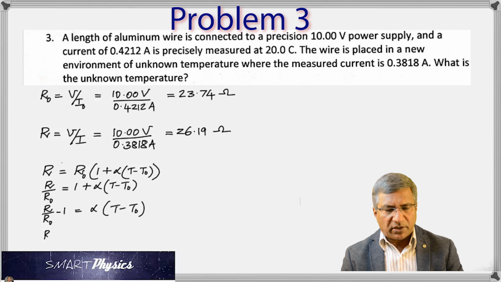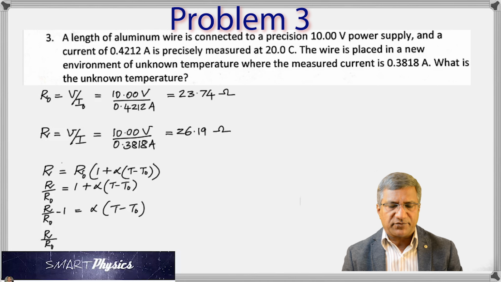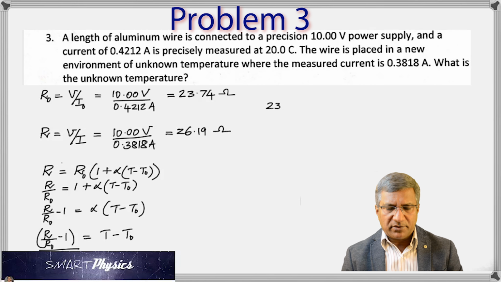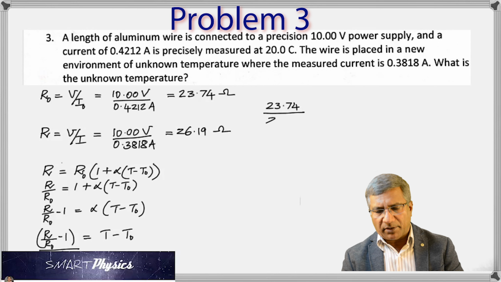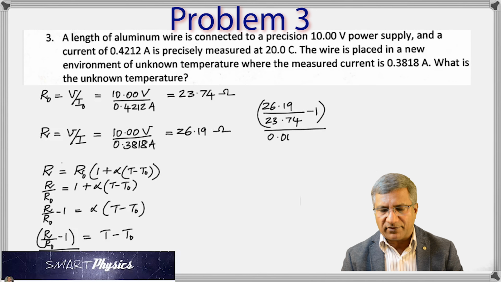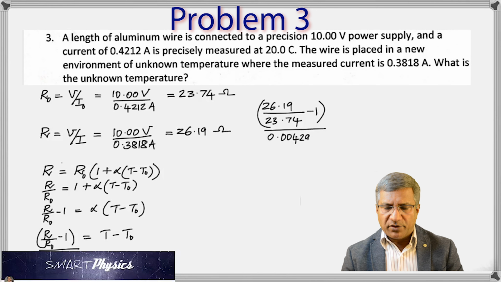And first I've got R by R naught minus 1 on the left side. Now I have T minus T naught, and then the last step, T is going to be, well, I'm going to calculate that. So it's now 26.19 by 23.74 minus 1 divided by alpha.